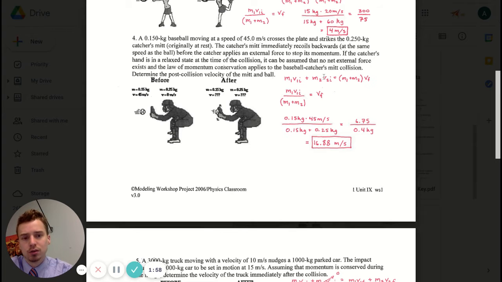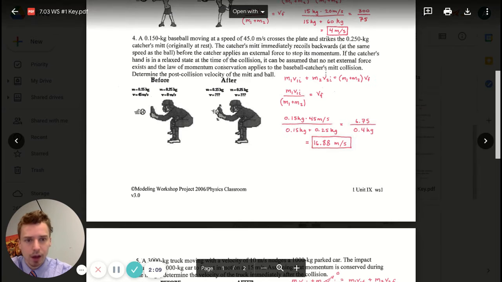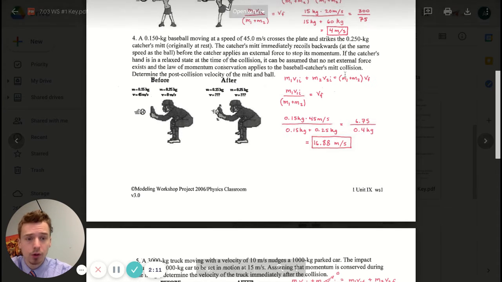The mass of object 2 times the velocity of object 2 at the beginning are both going to cancel out and just be 0 because that object just stopped at the beginning, so I got rid of that. Then I divided both sides by mass 1 plus mass 2.